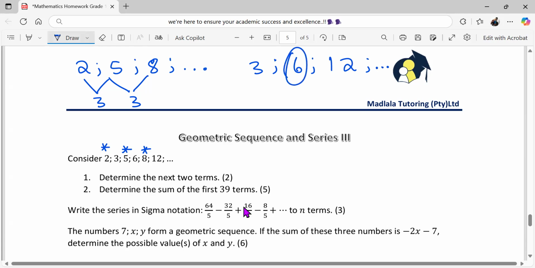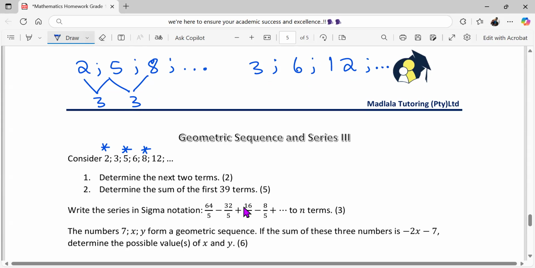In order to get 6, you had to multiply 3 by 2. In order to get 12, you had to multiply 6 by 2. Which means in order to get term number 4, you have to multiply 12 by 2 as well. But then here, in order for you to get term number 4, you just need to add 3 to this 8.